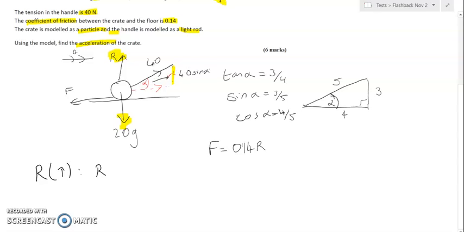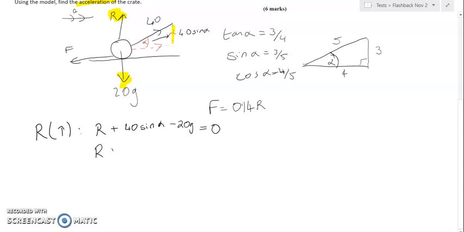That's also going upwards, so we add it: add 40 sine alpha, and then take away 20g going downwards. Now this particle remains on the ground, it doesn't bounce along it, and therefore the vertical forces must be balanced, and so it equals 0.